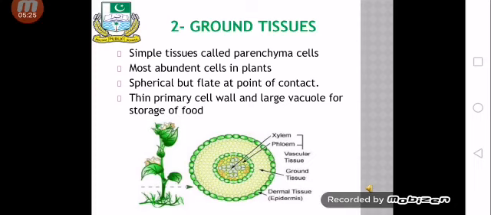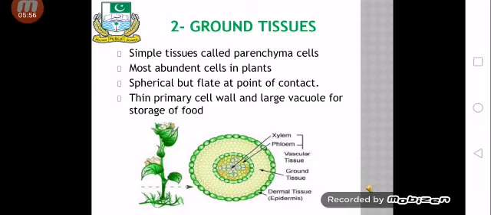These are all the characteristics of ground tissues, and as ground tissues are parenchymatous tissues, parenchyma cells are alive and living activities are going on in them. Here you can see a diagram. This circular diagram shows the cross section of a stem. You can see the outermost circular layer of cells, which is the epidermal tissue, and in the center another type of tissue is present.